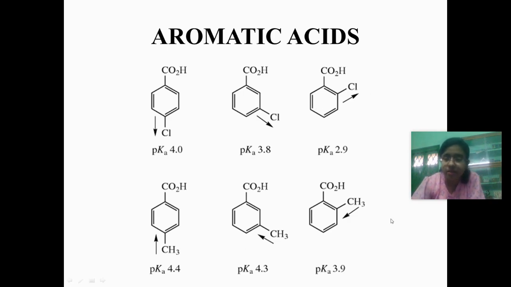Similarly here para, meta, ortho, but the group changes to CH3. All the same substituents we are putting in three positions: para, ortho, and meta, both in the cases of Cl and CH3.